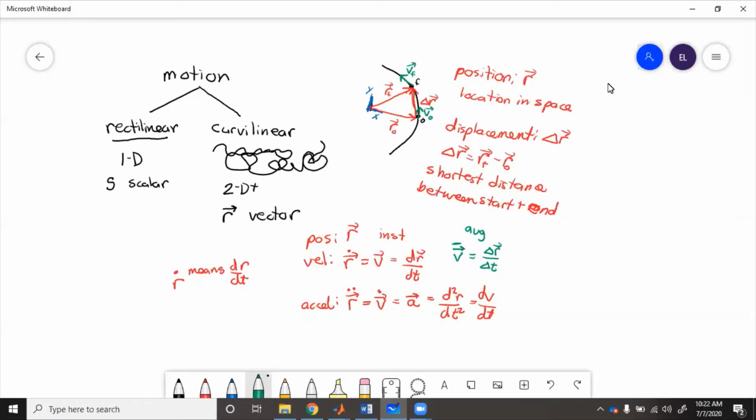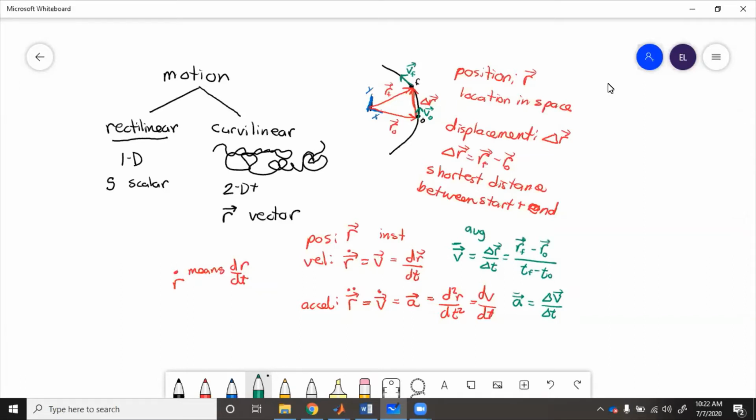Similarly for acceleration, average acceleration equals delta v over delta t. So this, delta r over delta t, that's going to be r final minus r initial over t final minus t initial, which generally t initial is 0.